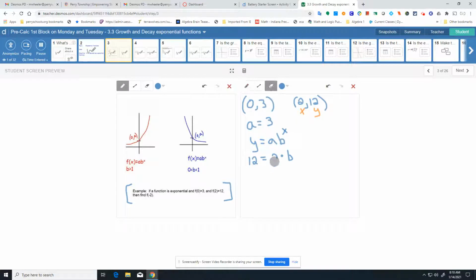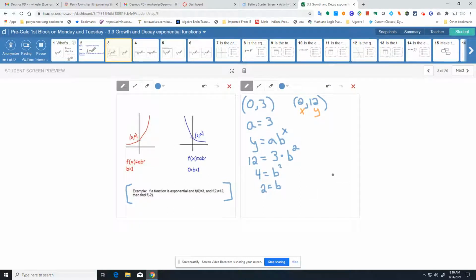I already made a mistake. I didn't mean to put 2 there. I meant to put 3 there. I was wondering why I was having so many 2's. Half the problem is writing it down correctly. So 12 equals a, which we know is 3, b to the 2. Divide both sides by 3. Take the square root. And we get b is 2.